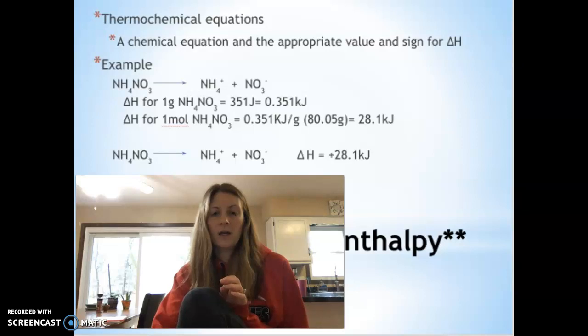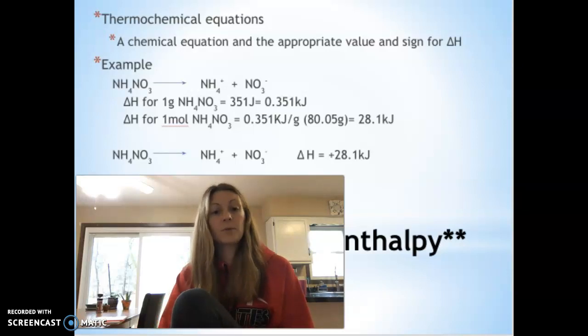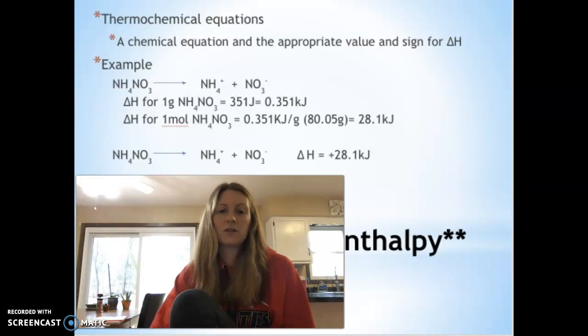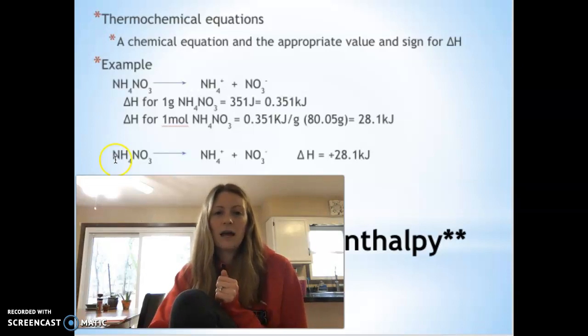When we are writing thermochemical equations, you need to write your complete and balanced chemical equation like we always do, but you also have to include the delta H for that reaction. So for example, we're going to look at NH4NO3. When it decomposes into NH4 plus NO3, your whole thermochemical equation is down here.